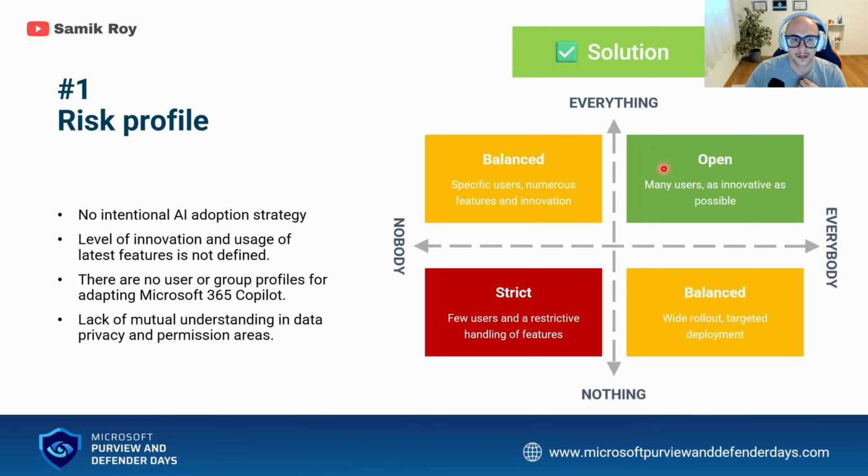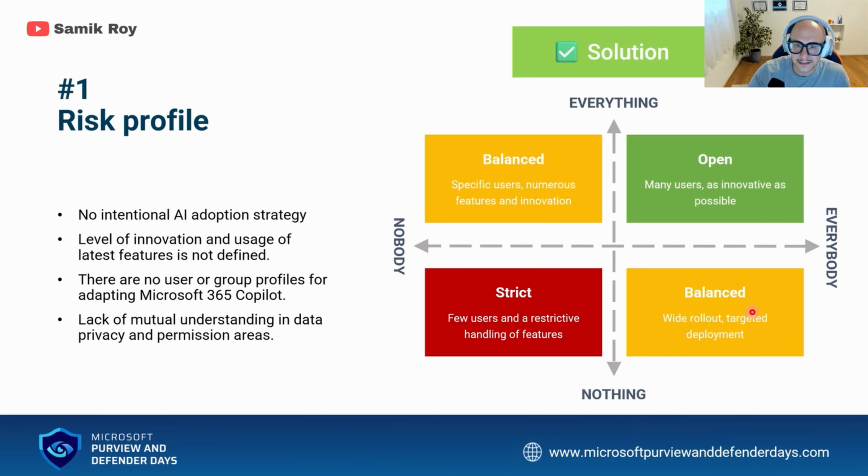So we want to leverage Copilot with as many users as we want, as innovative as possible. So we are part of the Frontier program. We use preview features. We want to use Anthropic as a large language model, even though in the EU, for example, it's not yet compliant and therefore not available. But this is the basic risk profile that we have. We want to be open.